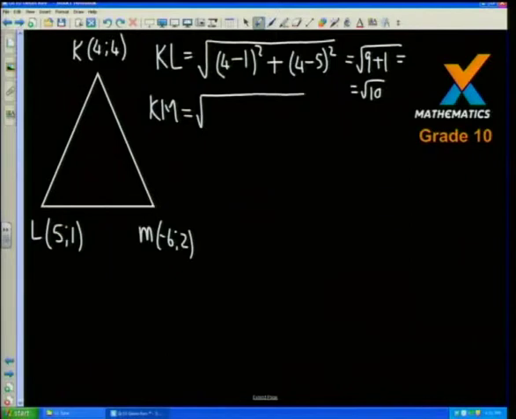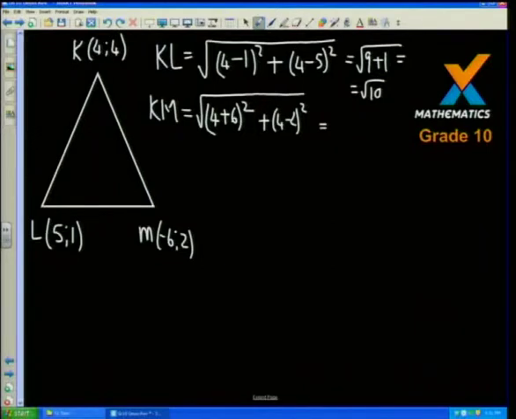Now there you've got to be careful. You're talking 4 minus -6. There's a double negative. So that becomes 4 plus 6, which I'm supposed to square. And then to that, I add 4 minus 2, all squared. Now if we quickly do the mental arithmetic there, that is 10 squared, which is 100.